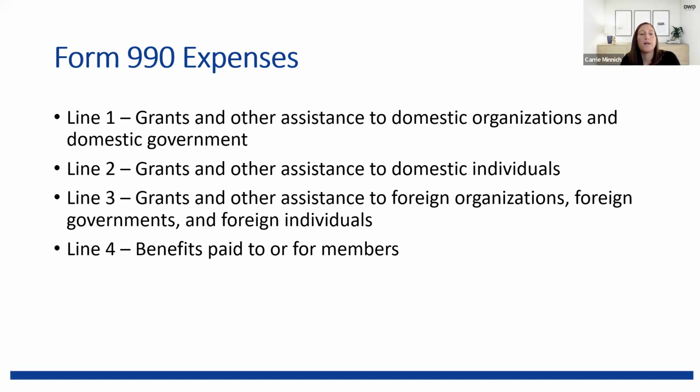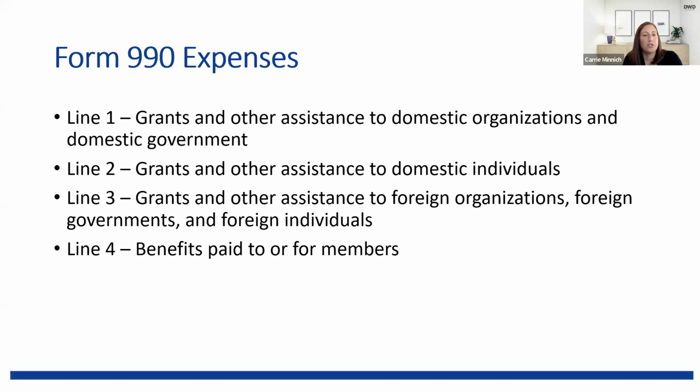A lot of organizations may provide a contribution or a grant to another nonprofit, or provide scholarships to individuals, or maybe some assistance for rent or utility assistance for some of your clients. All of that is going to be considered assistance, and it's going to go on line 1, 2, or 3, depending on who the recipient is.